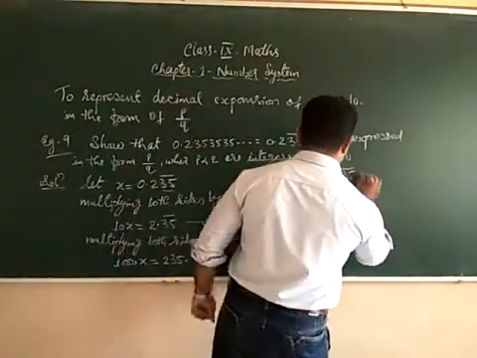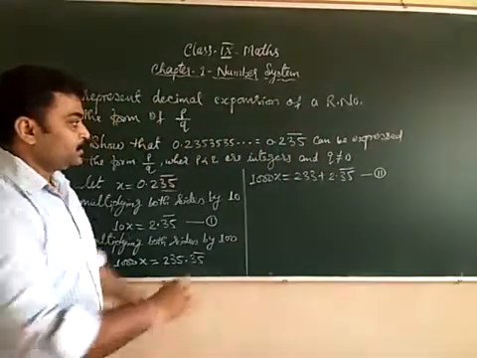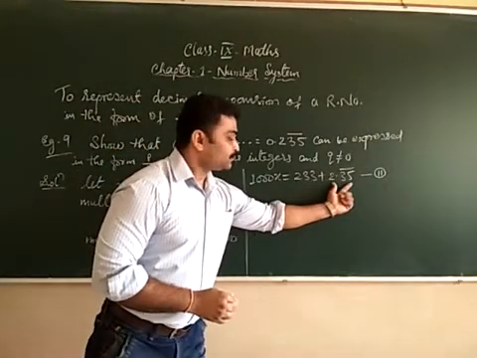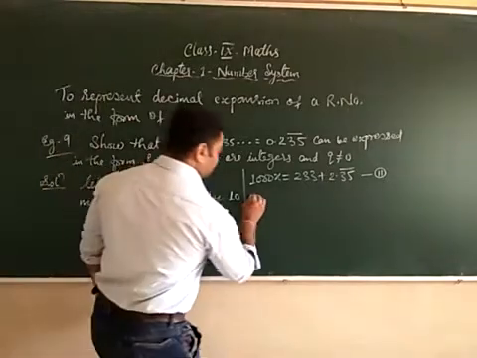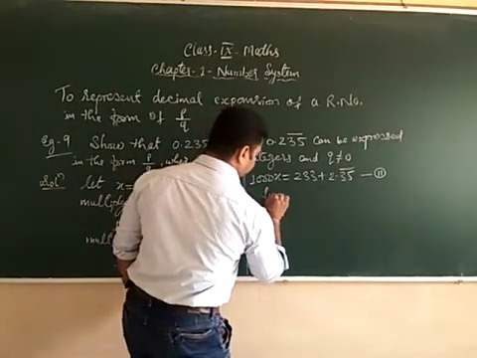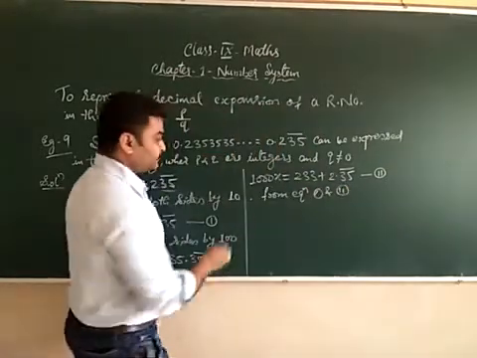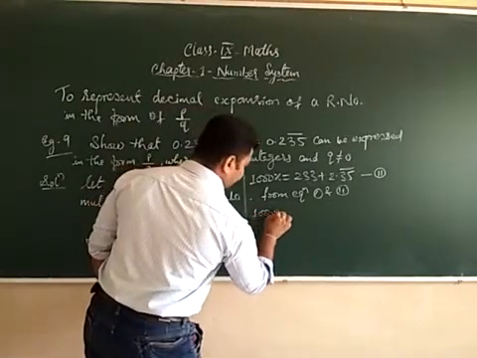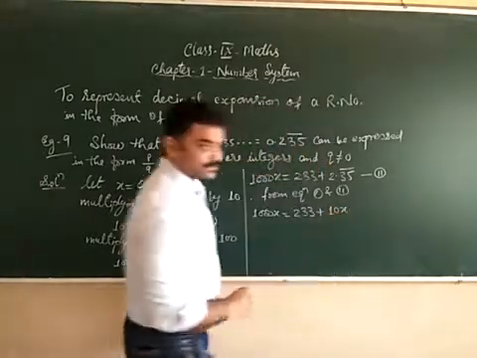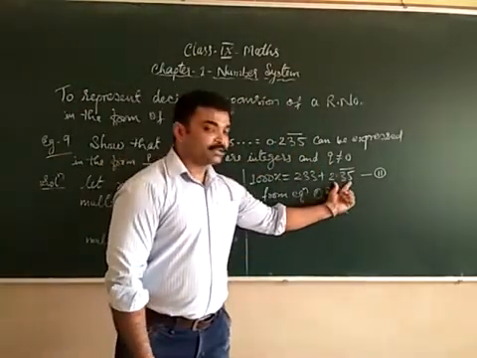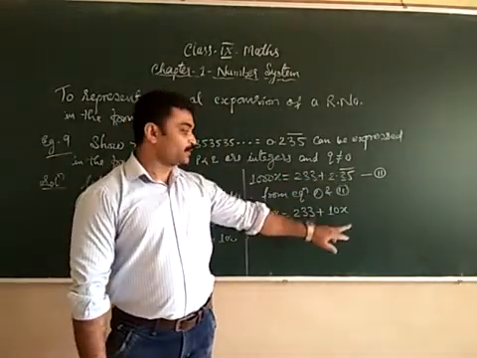It's our equation number 2. Now this part and this part both are the same. So from equation 1 and 2, what can we write? 1000x is equal to 233 plus 10x, because this 2.35 bar is equal to 10x.